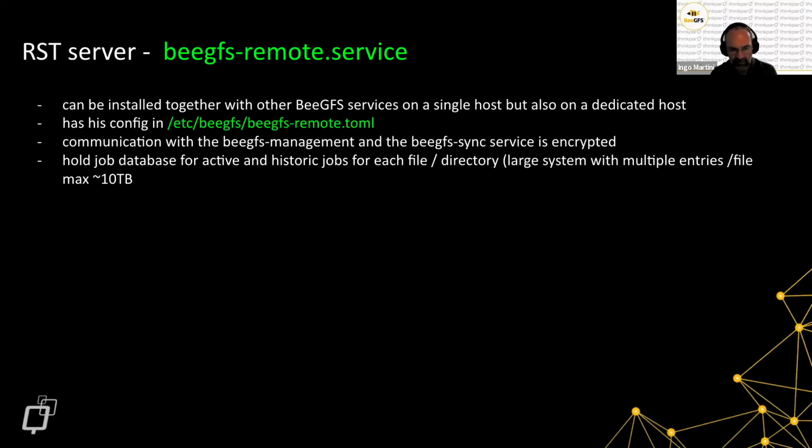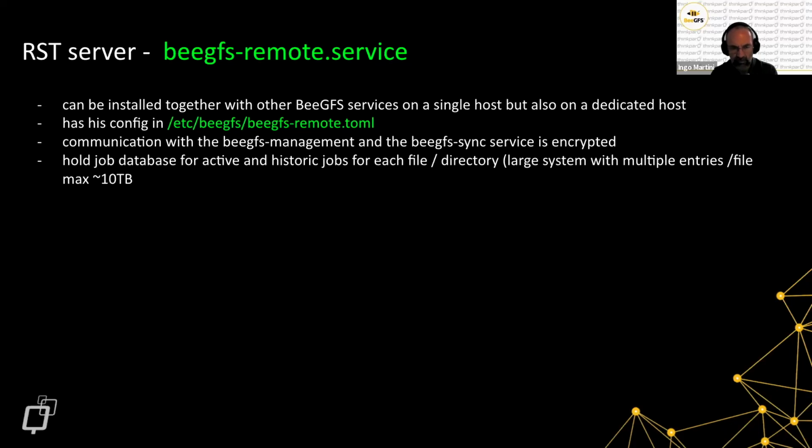Our calculations show that even with a very large system and a lot of transfer actions, a maximum of 10 terabytes would be enough for storing all the information. So the client where the BeeGFS remote service is installed needs some kind of local storage where it can put the database and use it as a local directory for this remote service.